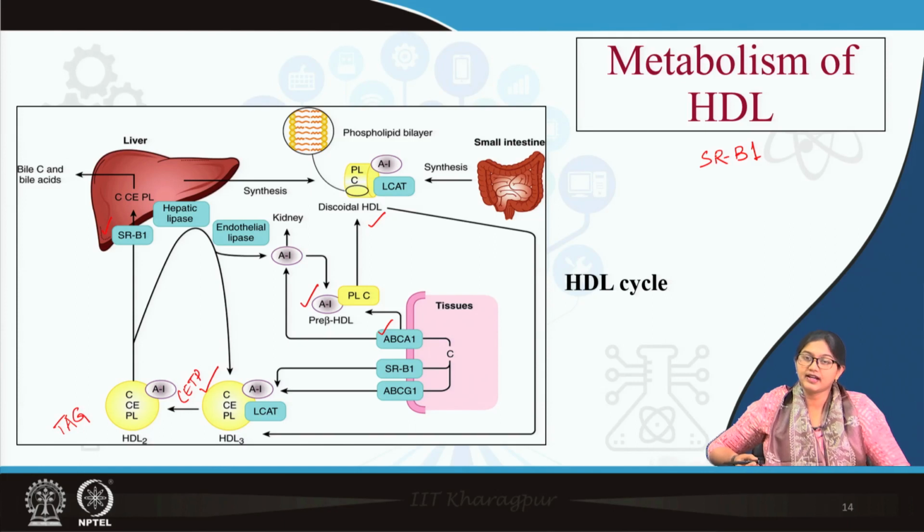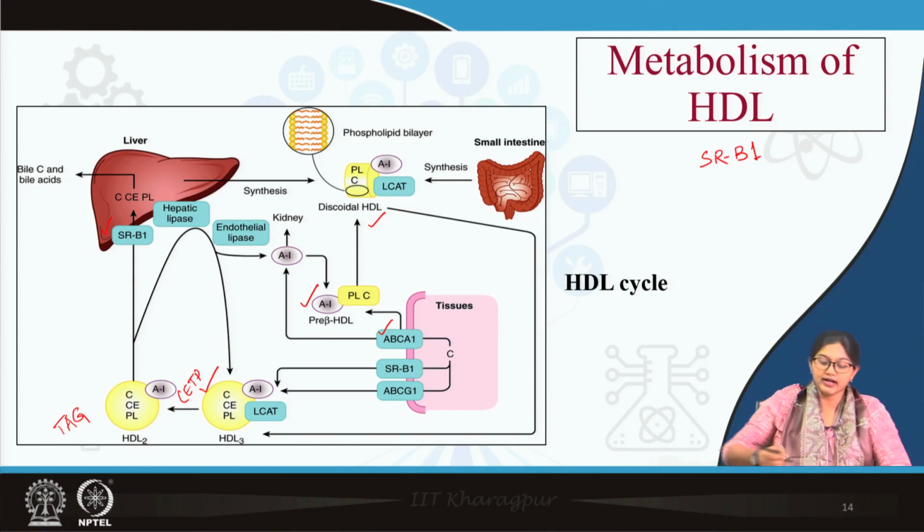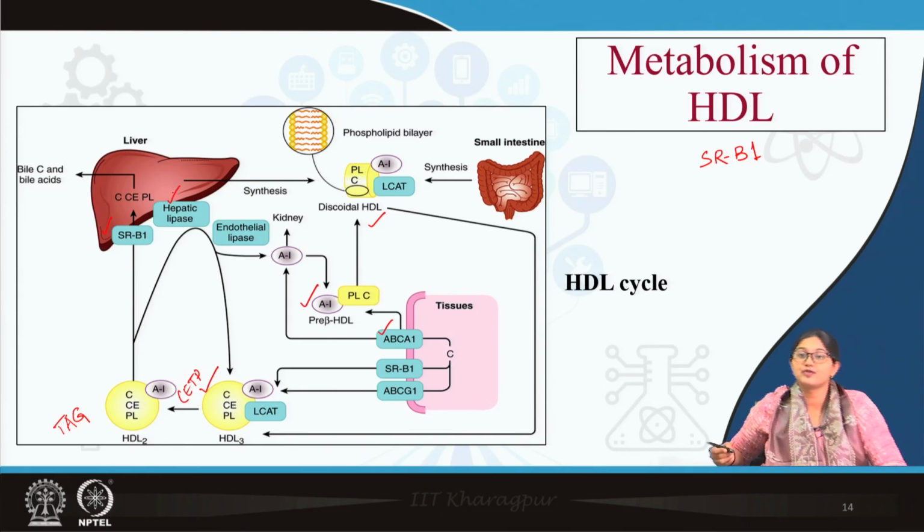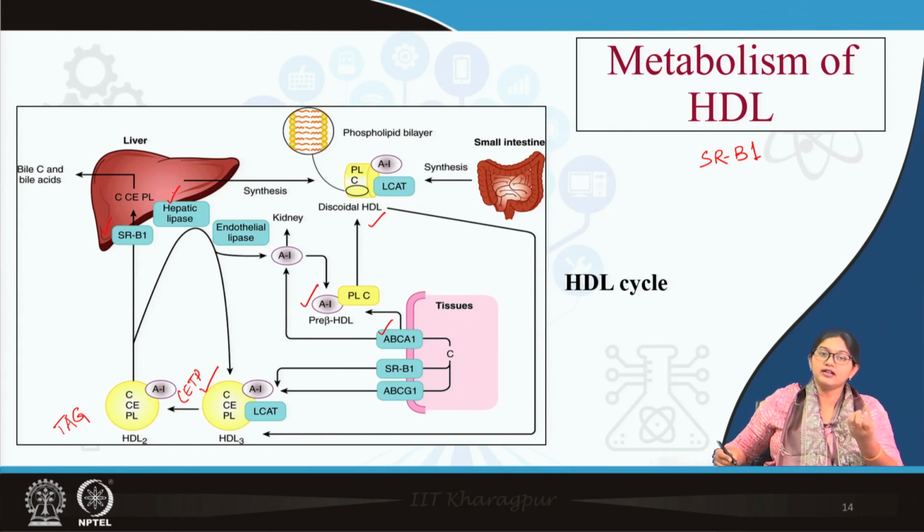Once it is taken up, the triacylglycerol is degraded by the enzyme hepatic lipase. Remember, lipoprotein lipase needs ApoC2 for its activation, hepatic lipase does not. So hepatic lipase here is degrading the triacylglycerol content of the HDL.